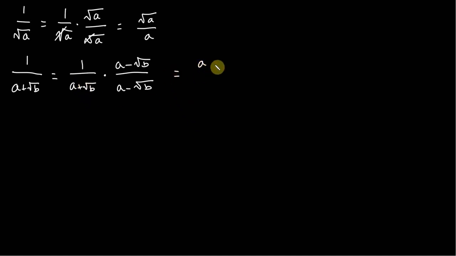You want to take the opposite of whatever this sign is, to put it very simply. And so in that sense what we're left with is a minus root b over, and then these of course cancel, and then that would be a times a, so it would be just a squared minus b, because that's a negative times a positive, okay. The third rule actually relates to this one, and it's not even a separate rule. It's just going to state that if you have 1 over a minus root b, then you're going to want to multiply this by a plus root b over a plus root b, in order to rationalize it.